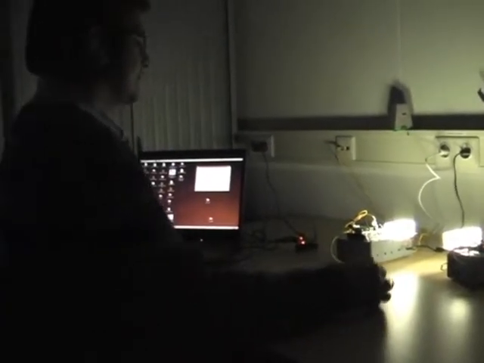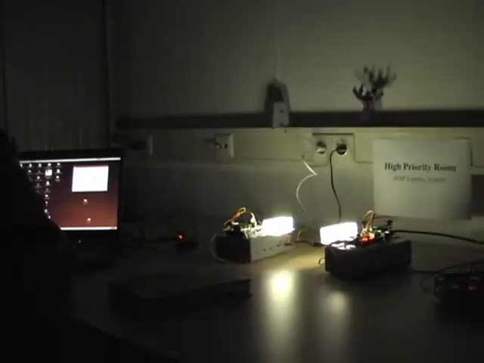After some time, Sachin is done reading. He turns the lights down again. The lights in the low priority room can now consume more energy, and they start going up.